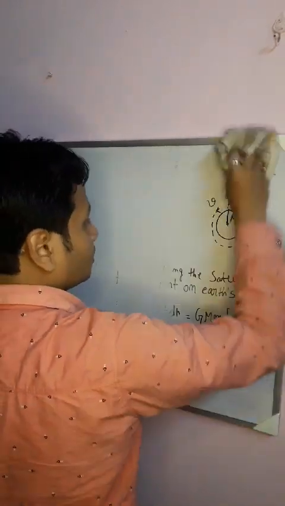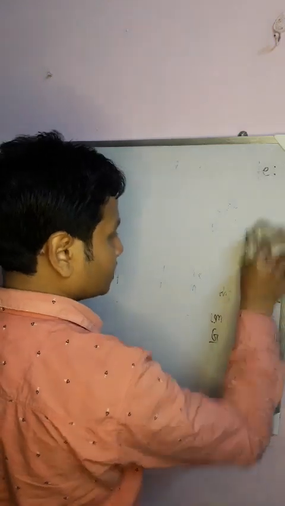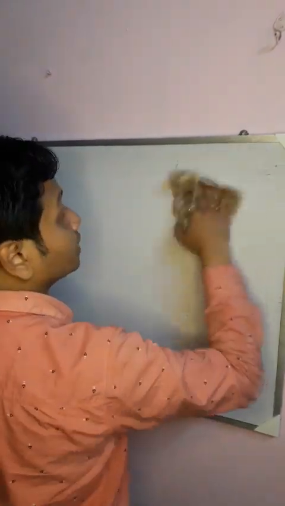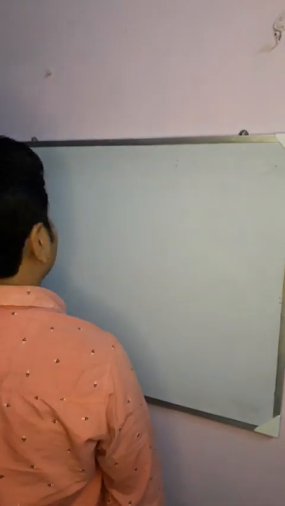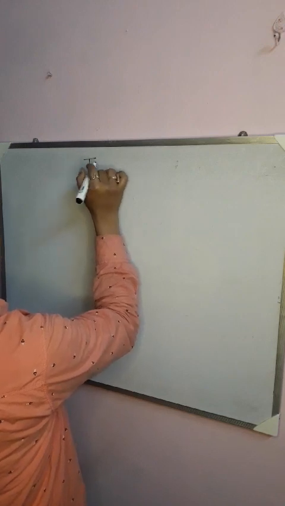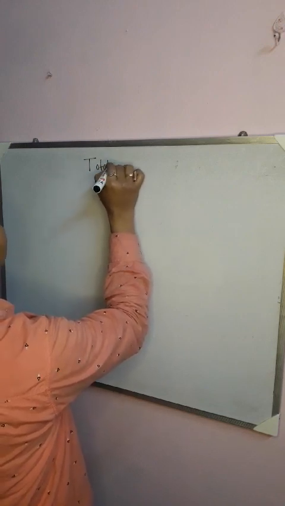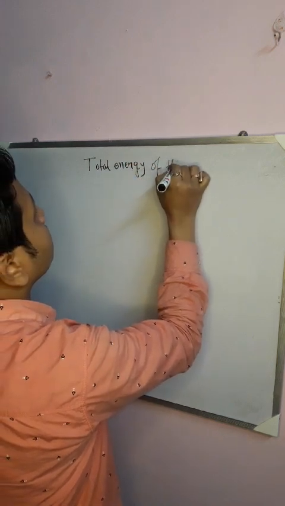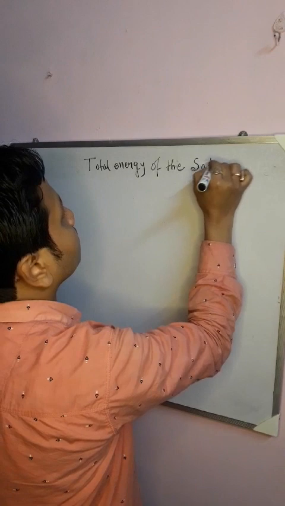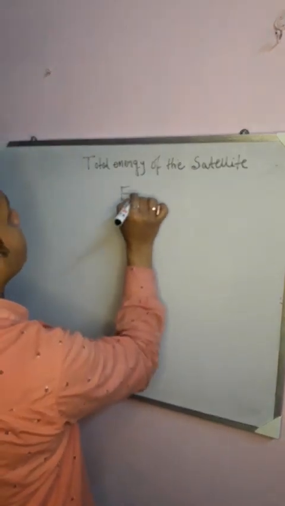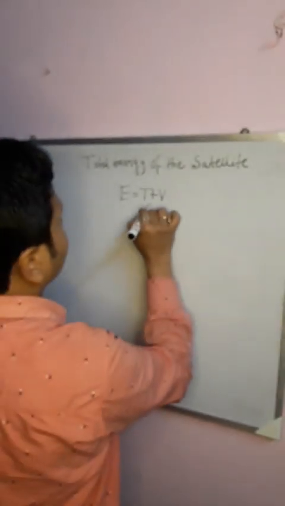Now we have in our hand the kinetic energy and the potential energy. So if we add these two, then we will get the total energy of the satellite. So total energy of the satellite E equals T plus V. Okay, so what will be my T?